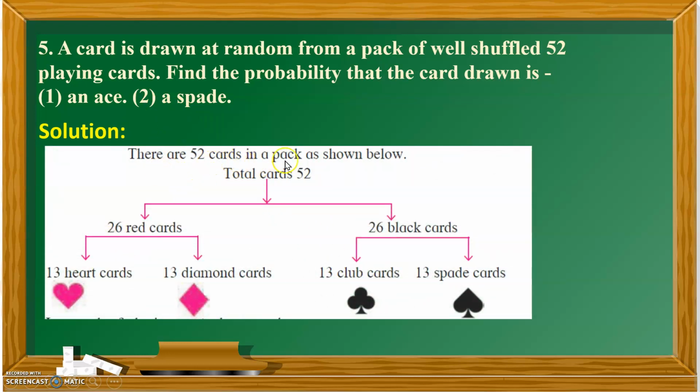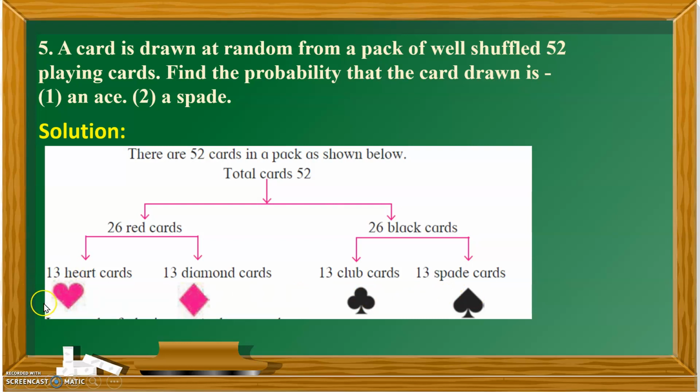There are 52 cards in a pack as shown below. There will be 26 red cards, 26 black cards, 13 hearts, 13 diamonds, 13 clubs, 13 spades. Children, this is only for explanation. You do not have to write this as part of your solution.